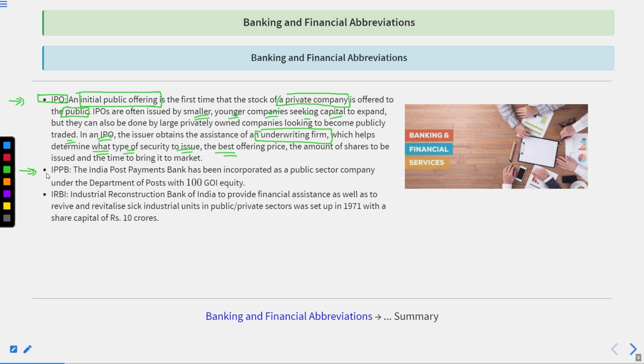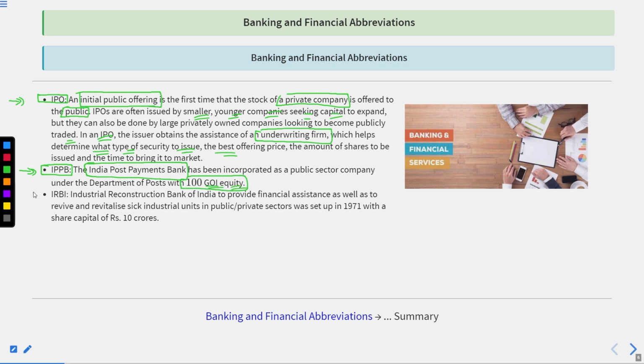Then we have IPPB. This is the India Post Payments Bank. It has been incorporated as a public sector company under the Department of Posts with 100% Government of India equity, which means it is totally government owned.